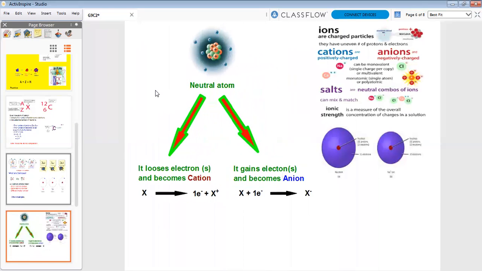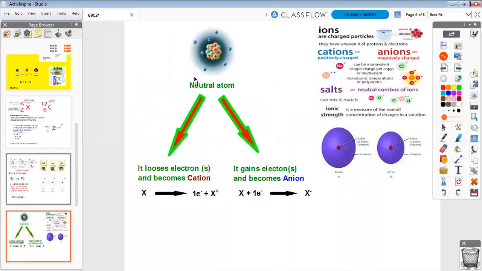Now let's remember a little bit about a neutral atom, having equality in charge between the nucleus and the electronic cloud. So its charge would be neutral. If this atom loses electrons, it becomes a cation, which is positively charged.